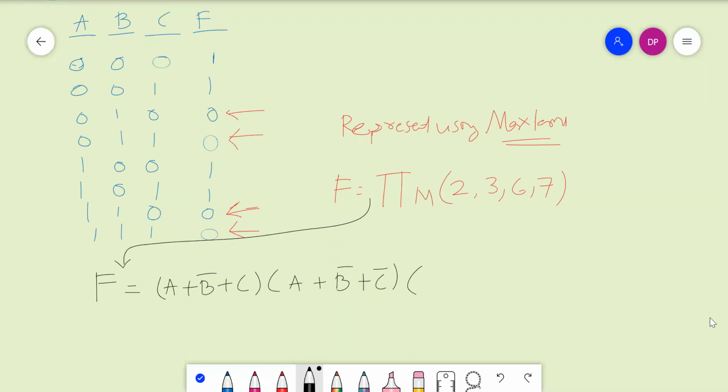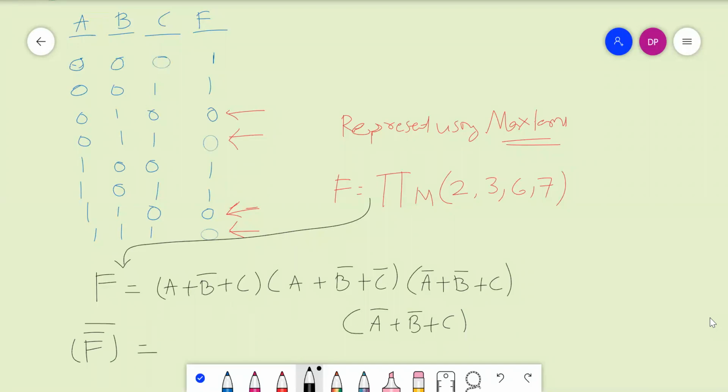Tell F. A bar plus B bar, A bar plus B bar plus C. Next one, A bar plus B bar plus C bar. Right, good. Okay. Now take the complement of this.